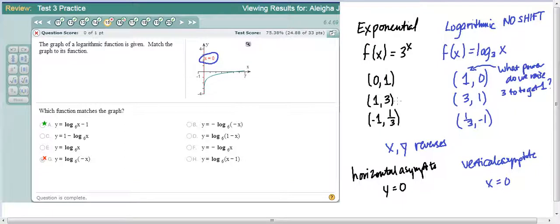So we know what that means: there's no shift left and right. If that asymptote moves, you have some left to right shift. But this means there's no shift left to right. Now the function should go through 1, 0, but it doesn't. It looks like it goes through 1, negative 1.